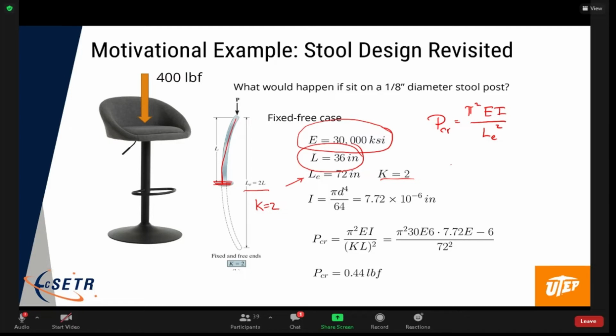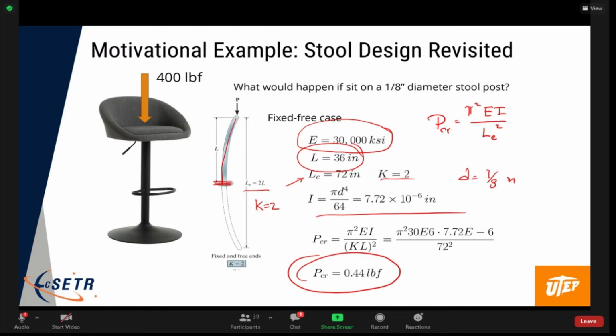And then we're going to use that diameter of 1/8, right? That was the one that, for just P over A, would have supported 400 pounds. Obviously, we get I and all that stuff, and now we plug it into the buckling equation. So now instead of that 1/8 inch post supporting 400 pounds, because of buckling, it can't even support half of a pound.